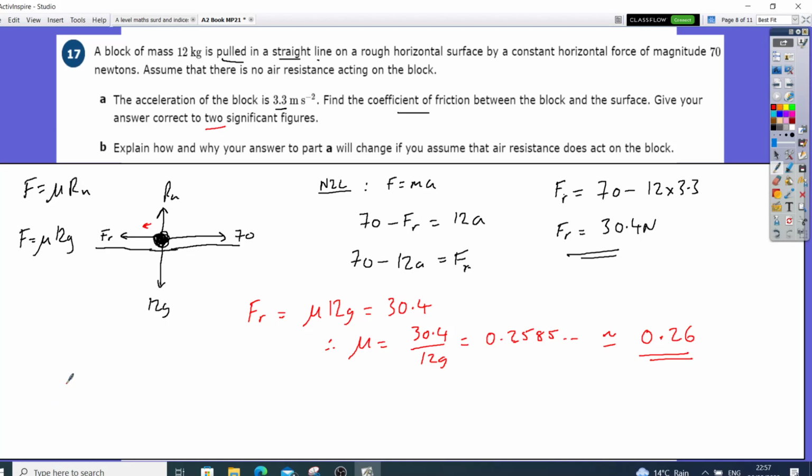Therefore, explain how and why your answer in part A will change with air resistance.